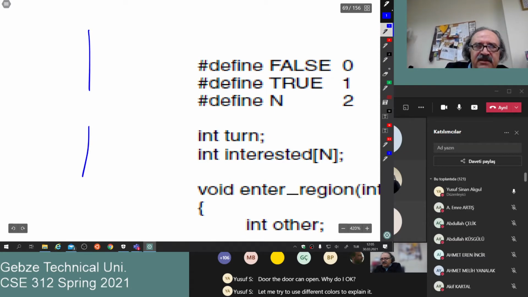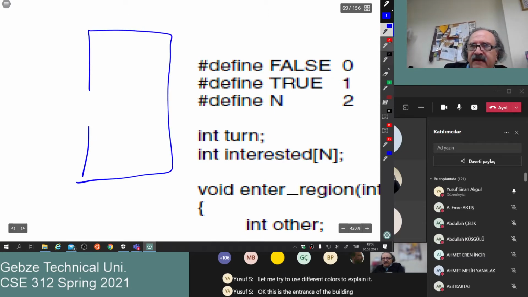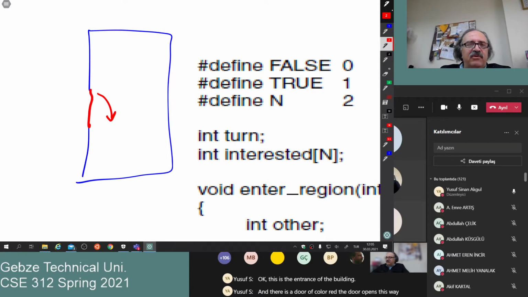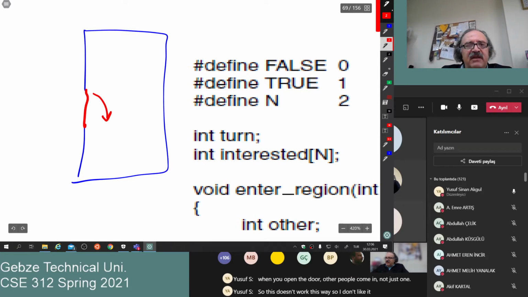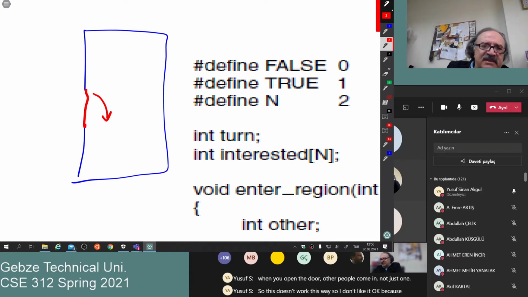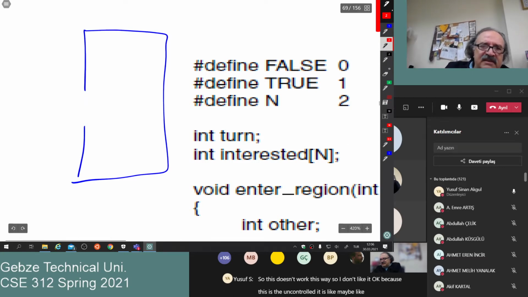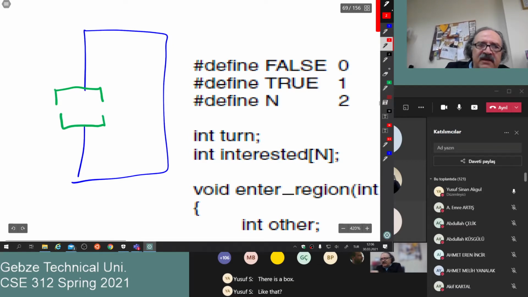Okay, this is the entrance of the building, and there is a door of color red. The door opens this way. When you open the door, other people come in, not just one. So it doesn't work this way, and I don't like it, because this is very uncontrolled. Maybe it is like this: there is a box like that, and the door opens like that, and the other door opens like that.